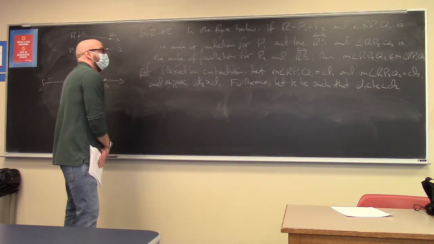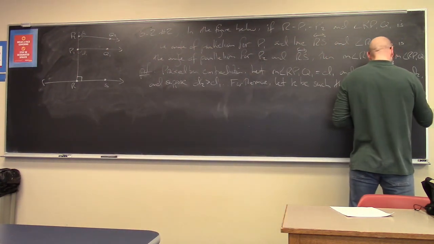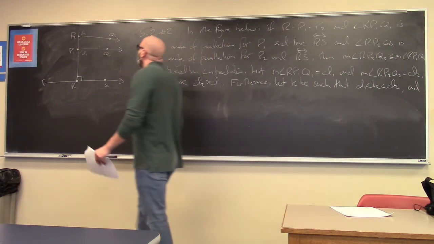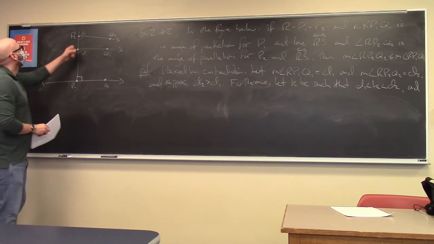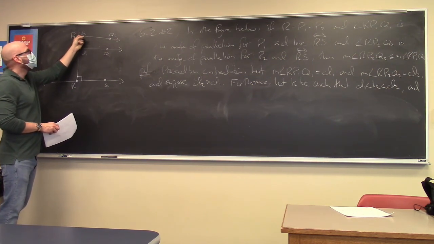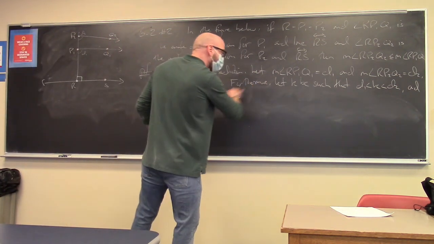So I'm just going to squeeze a number between both of them. And what I'm going to do is take an angle up here at P2, take a ray that has angle K.